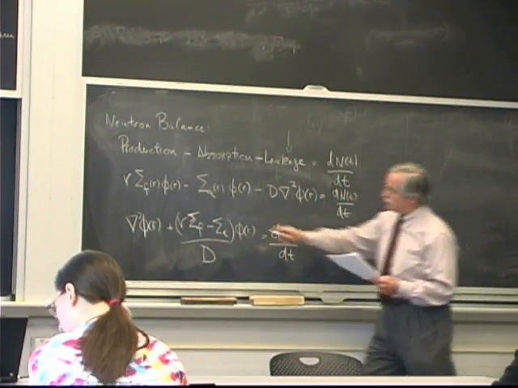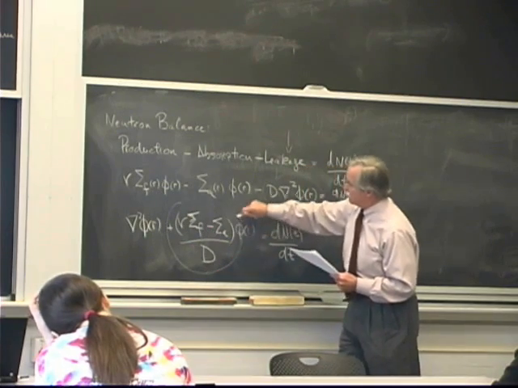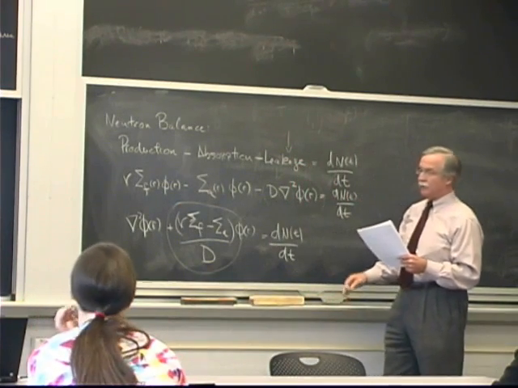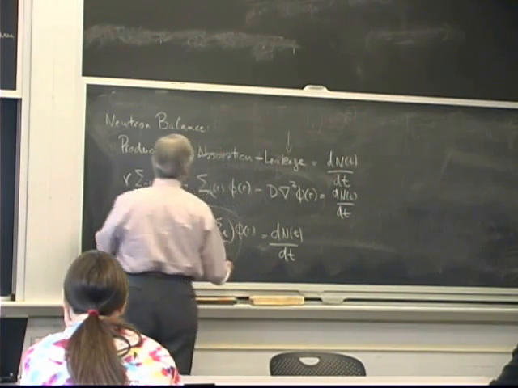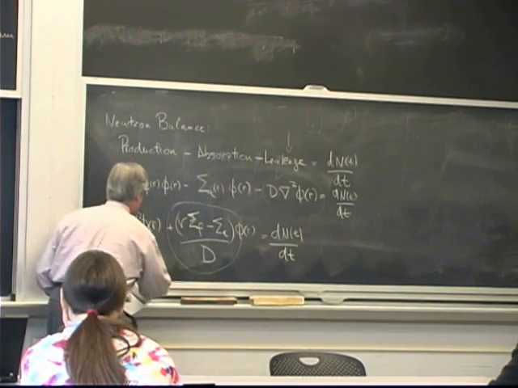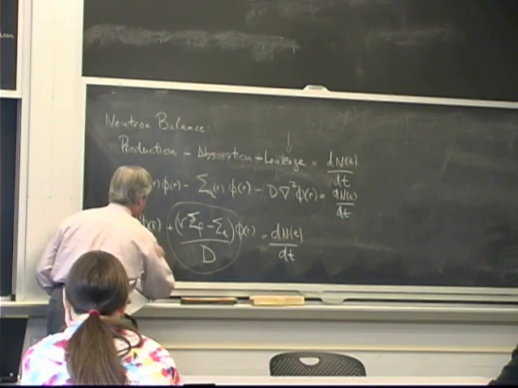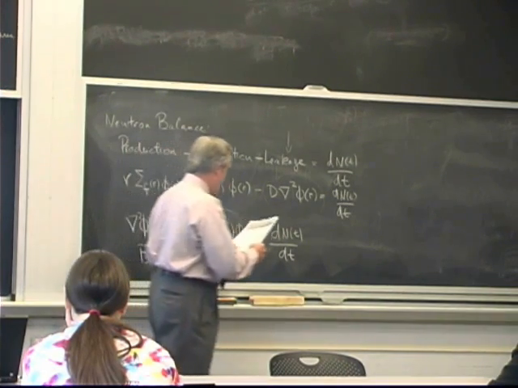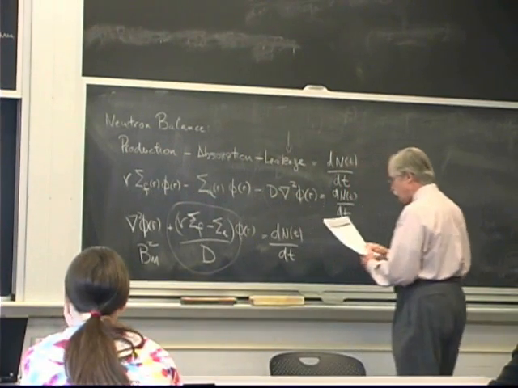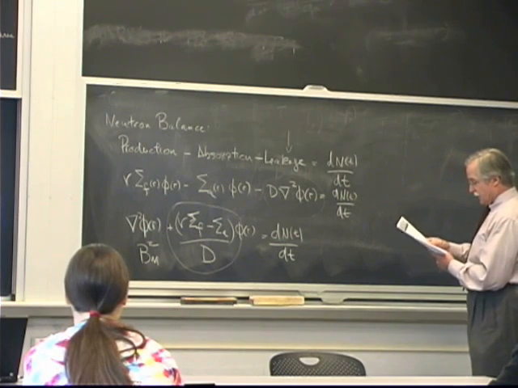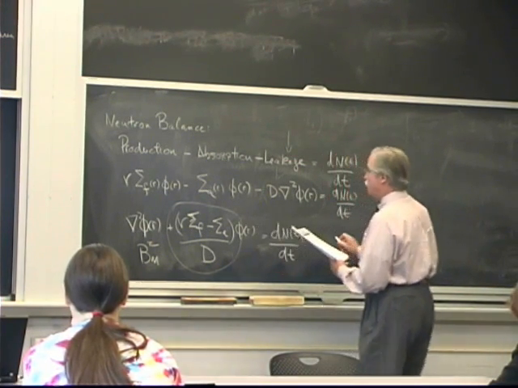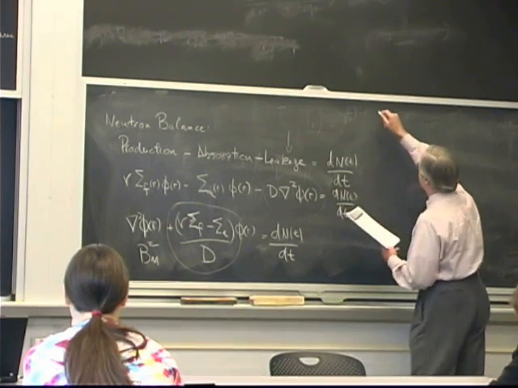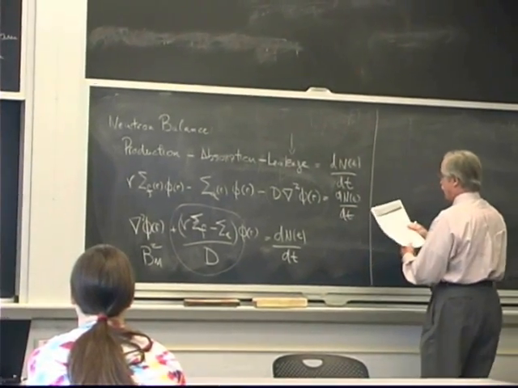Now what is this term? If you remember when we developed the one-group diffusion equation, what is this term called? Material buckling, Bm squared. And we can write this equation in a way that allows one to simplify it. Let me just draw it over here.